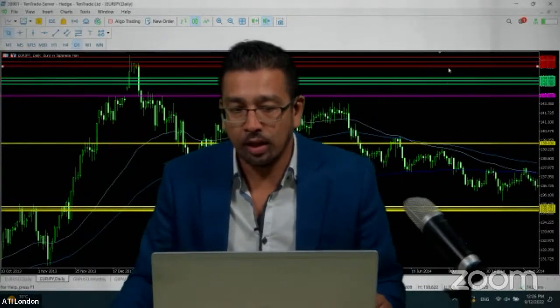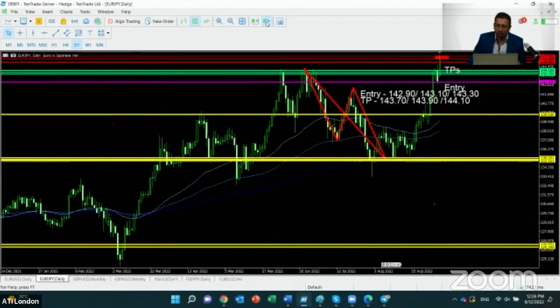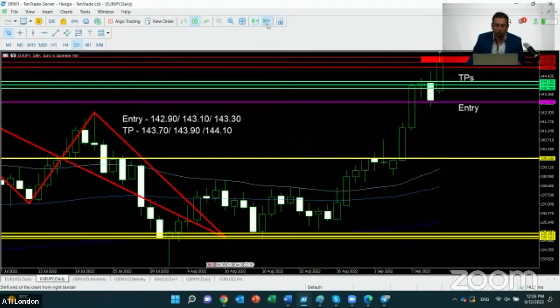The take profit would be at 144.10 or 144.30. If it were at 30, that's a 60 pips area. If not, it's an 80 pips potential. So anywhere between 60 pips and 80 pips is a potential selling opportunity on the Euro JPY, if at all it goes into a corrective mode.